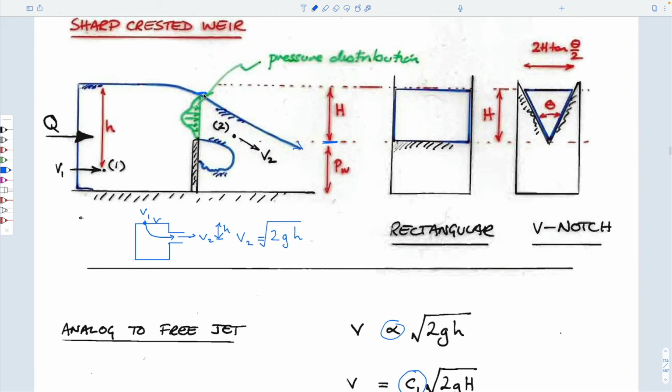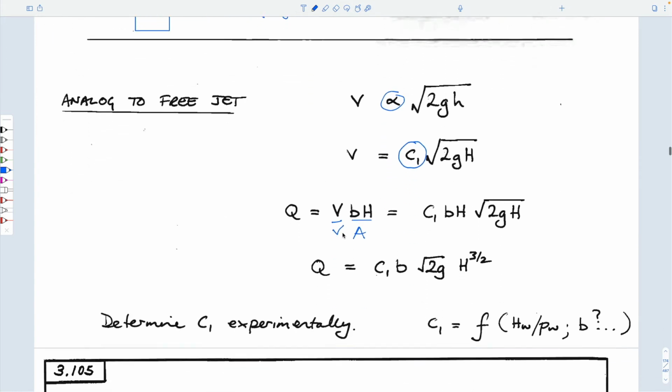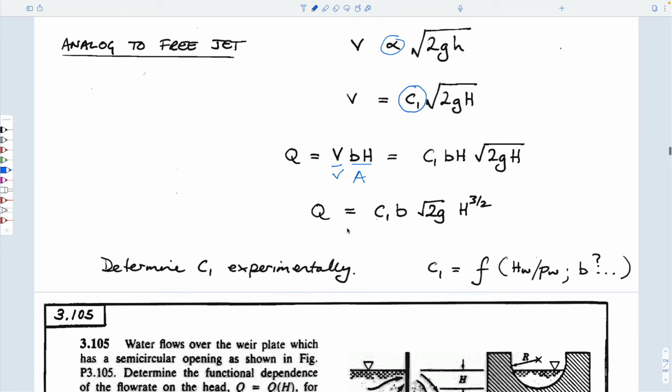And so, of course, the area is going to be this. This is B wide and H, uppercase H high, right, from this. Nothing more than that. And therefore you can get this.